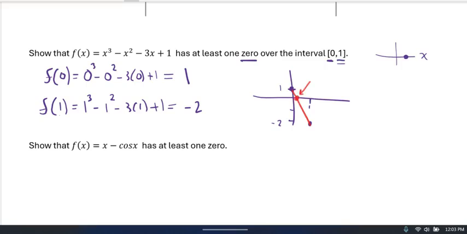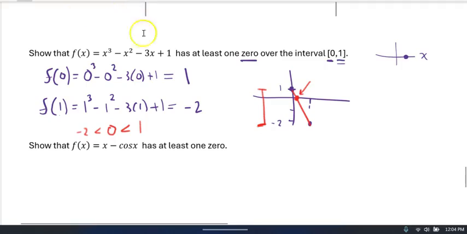You have 0. So you can see that with the intermediate value theorem, since f of 0 is 1 and f of 1 is negative 2, then we have to have all of the values between negative 2 and 1. There must be a spot, and 0 is certainly between negative 2 and 1. And so there does exist that point.